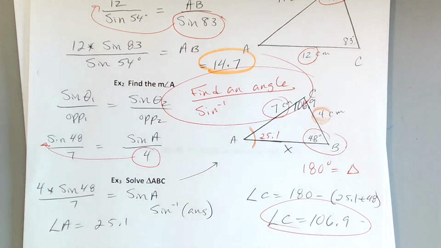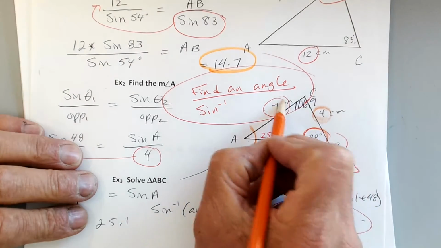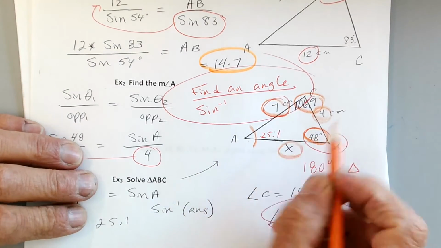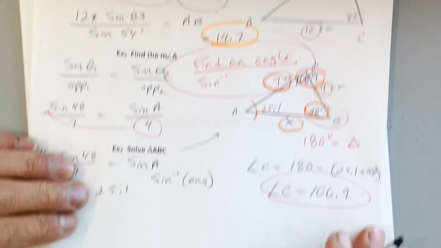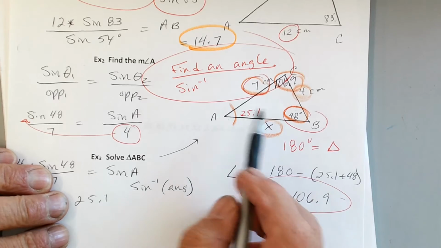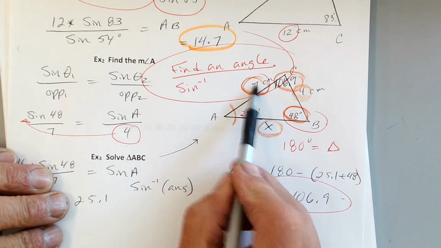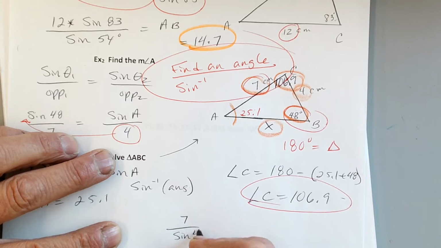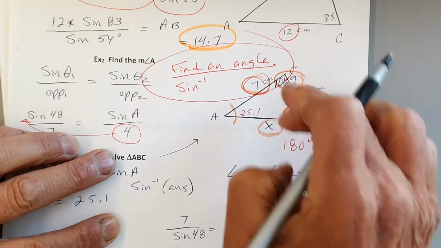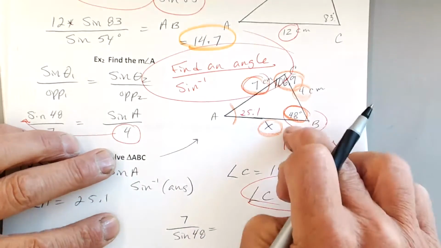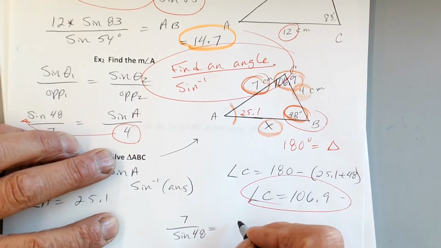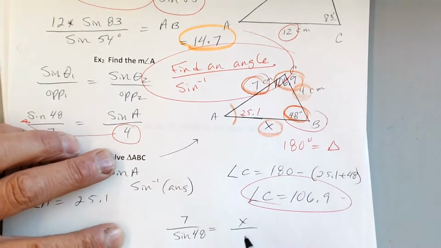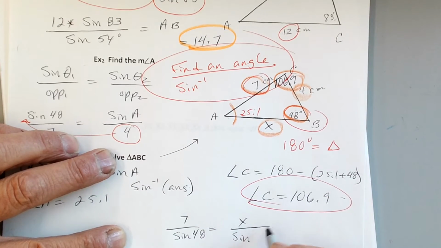Okay, so I've got my opposites, opposite, opposite, opposite, opposite. So I'm going to use this formula to find the remaining side. So I'm going to go 7 over the sine of 48 equals side over the sine of its angle, equals side X or AB over the sine of 106.9.